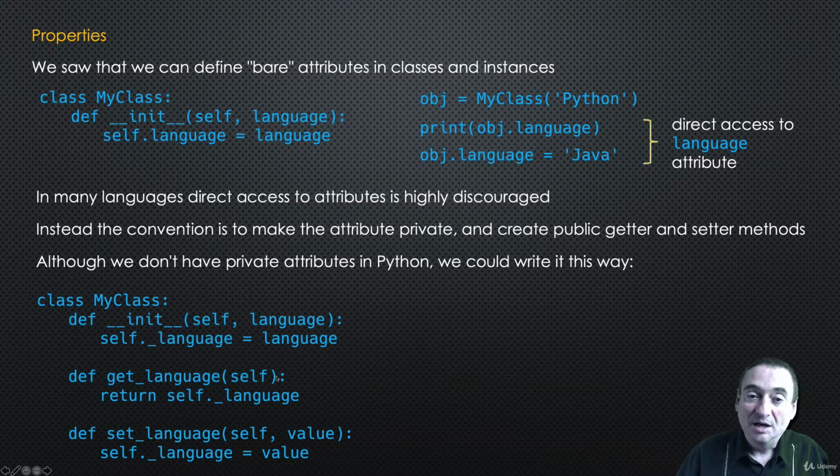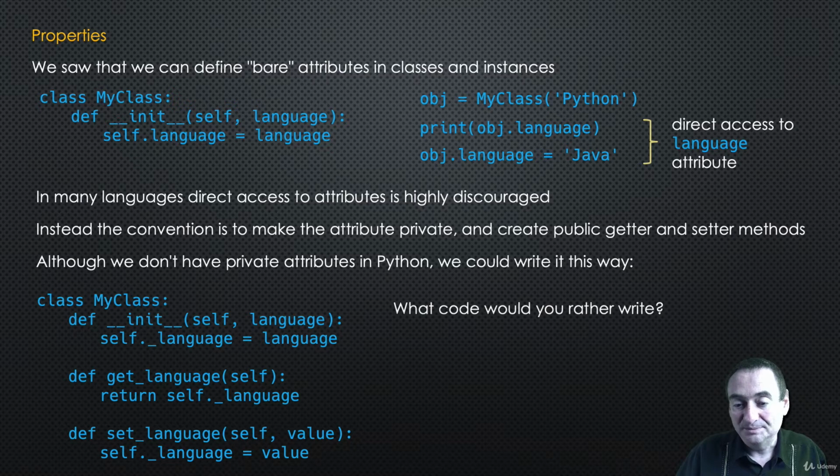It's going to be a method that's called from an instance. It'll be bound to that instance, and it's going to return the _language attribute of that instance that it's bound to. And then we do the same thing with setLanguage, except we now pass in the new value that we want to set it to, and then we have self._language equals value. We're now modifying the pseudo-private attribute in the instance to whatever the new value is.